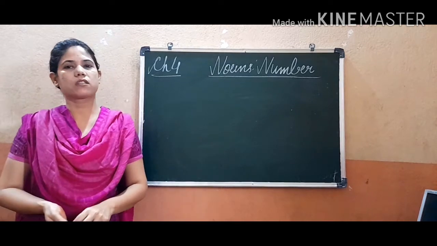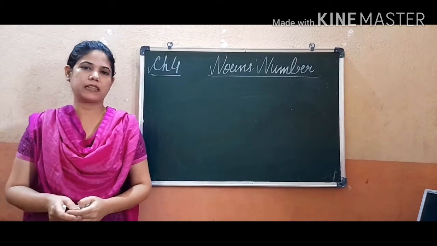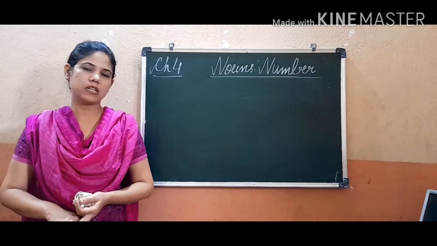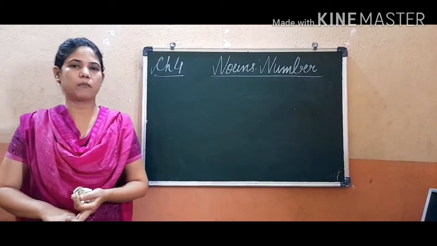In English language there are two numbers, that is the singular number and the plural number.